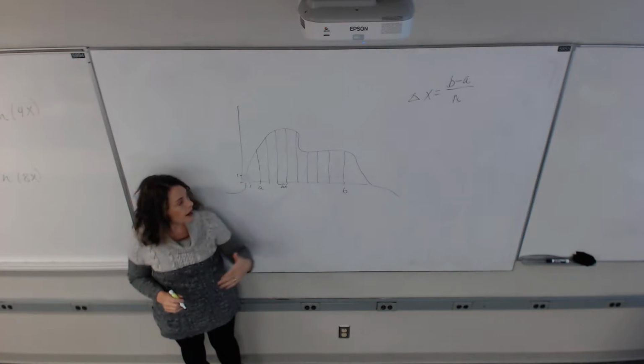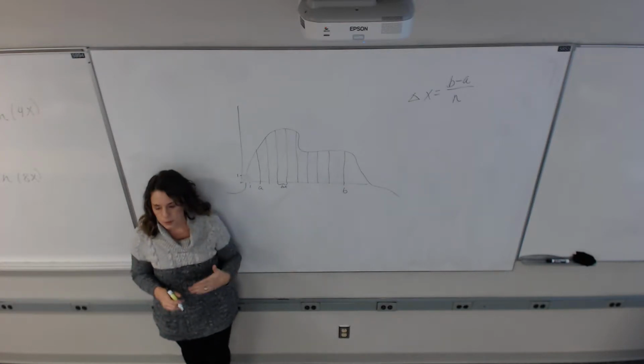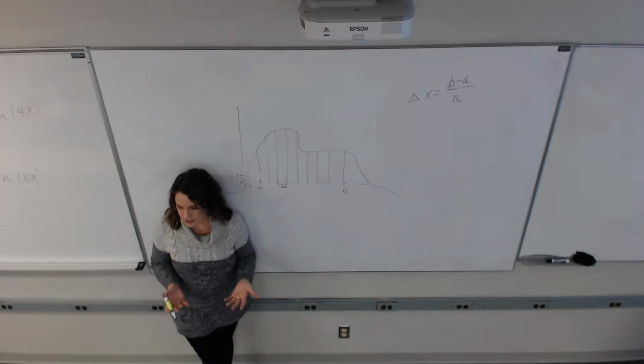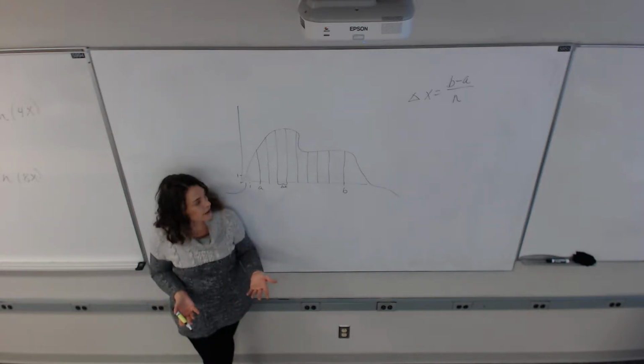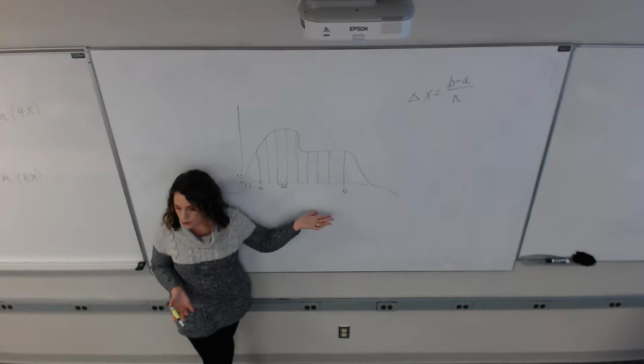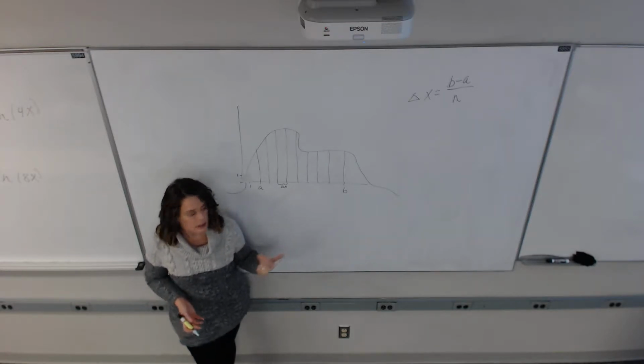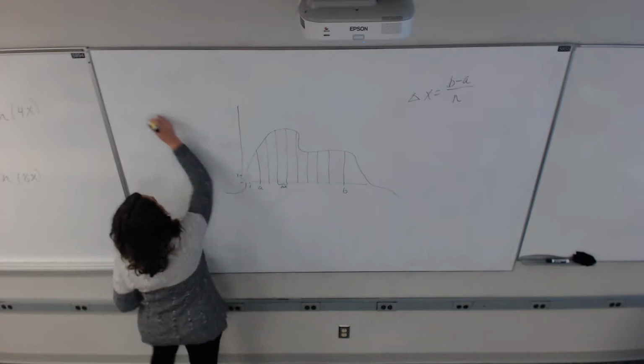If it's not a regular geometric shape, we don't have a formula for it. So they started with the easiest geometric shape that they could create out of these, which would be a box or a rectangle. To make it uniform, they started with a left-sided box. And this is called a left Riemann sum.